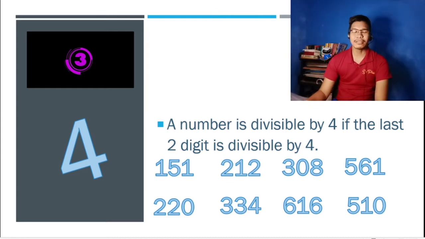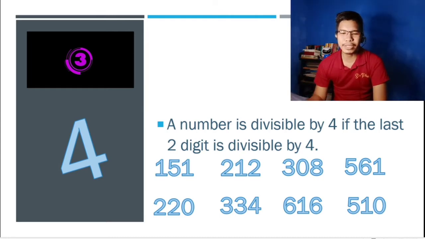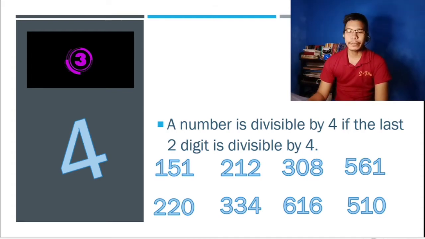For us to determine if these numbers are divisible by 4, we need to get the last two digits. If the last two digits of the number are divisible by 4, then the number is divisible by 4.